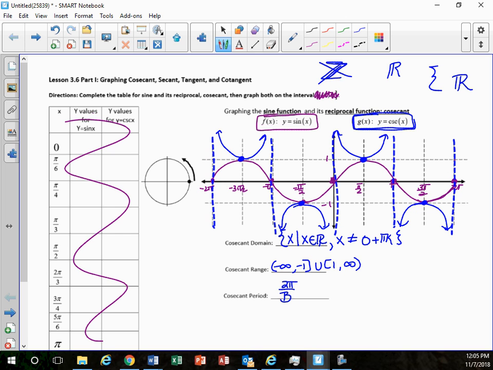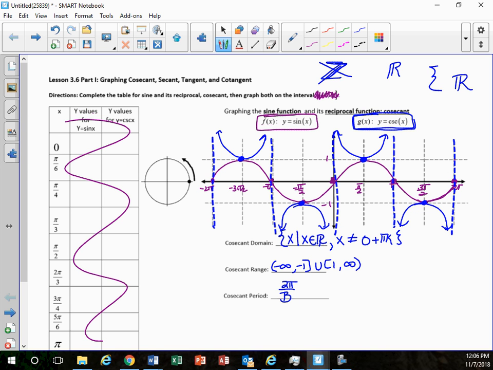I'm going to go down. So if I wanted to make that cosecant, nothing's on the x-axis, right? But these midline points are where the asymptotes are, and then from here it's going up, and from here. So the asymptotes are always going to be where the midline is. Yes.